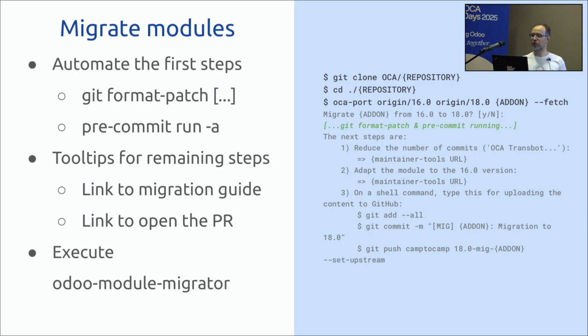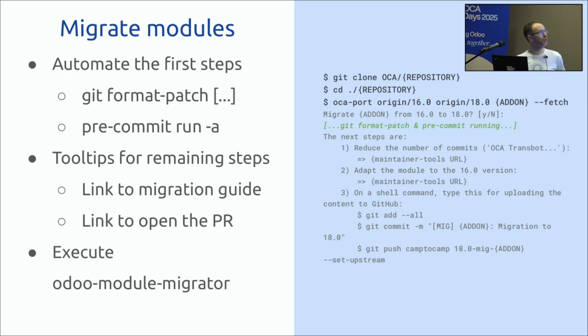So to reduce the number of commits, OCA translation commits, to adapt the module to a given version. There is a typo, it's not 16, it's 18 here. And the next git command you need to enter to proceed with your migration branch and push it on your fork to open a pull request on OCA repository.